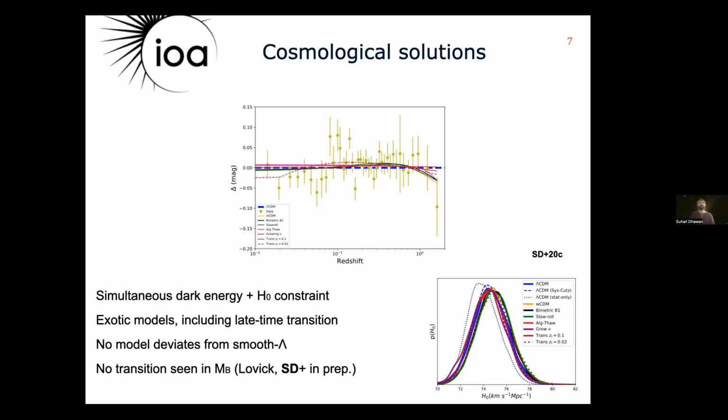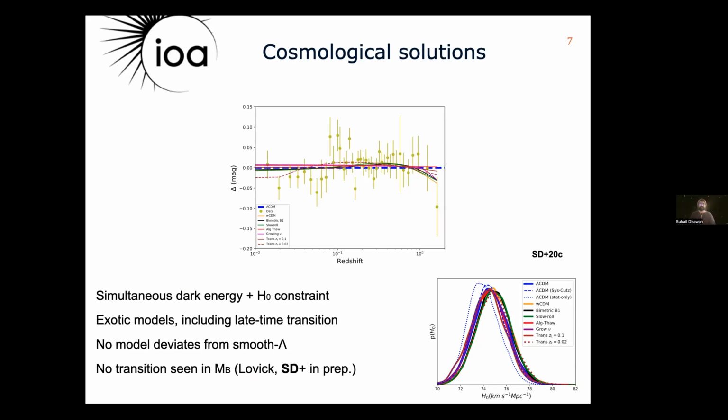Previously for the distance ladder, in order to measure H0, we had to assume something about dark energy properties, like what is the value of q0. Whereas here, we have a simultaneous constraint on both dark energy and H0. We looked at a slew of different models here. We were being agnostic to what could be the physical motivation and just seeing, do we get a different value for H0 for any of these?